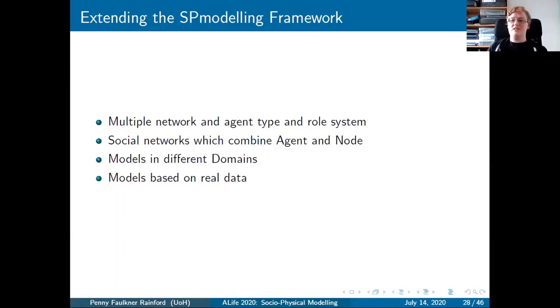Our agents don't actually directly communicate with each other. It's all through the environment. So each agent functionally has a node which stores its social information. When other agents want to interact with it, they're interacting with that node. But all of this is just in the database. We could theoretically run everything on a separate process, and all the communication goes through the database.